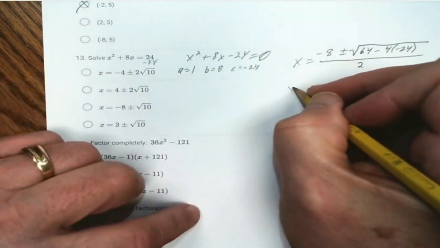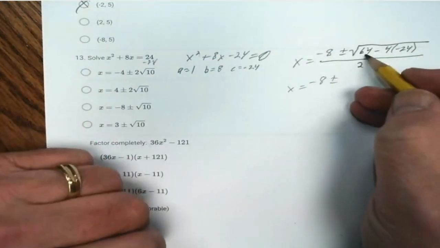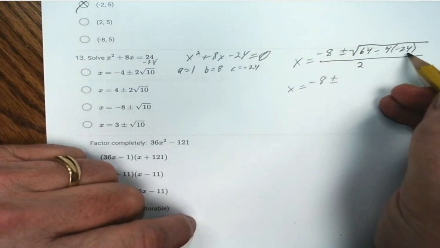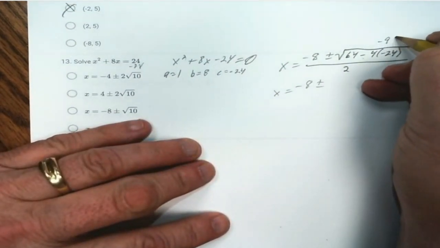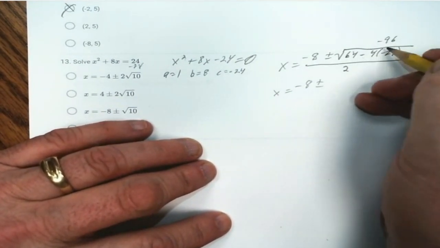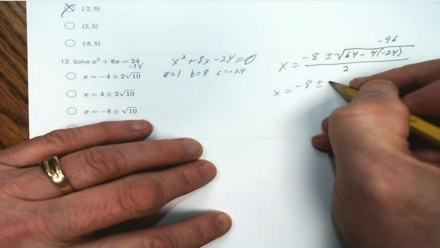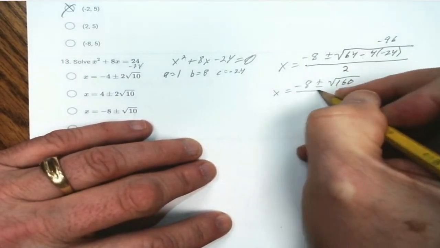So x equals negative 8 plus or minus the square root of 64 minus 4 times negative 24. So 4 times negative 24 is negative 96. So minus a negative means we're adding these together. So this is the square root of 160 over 2.